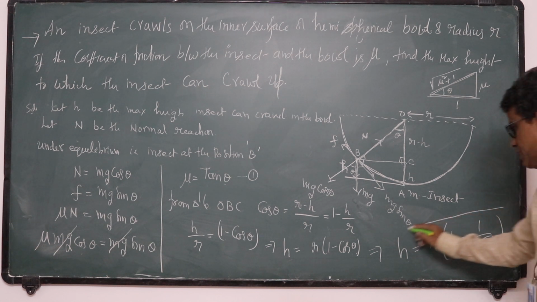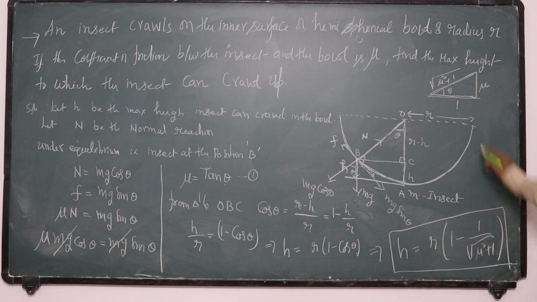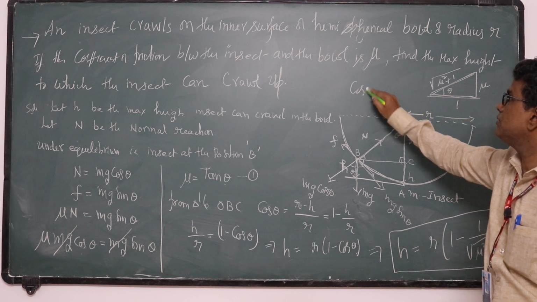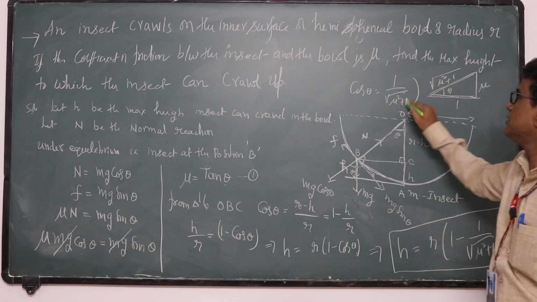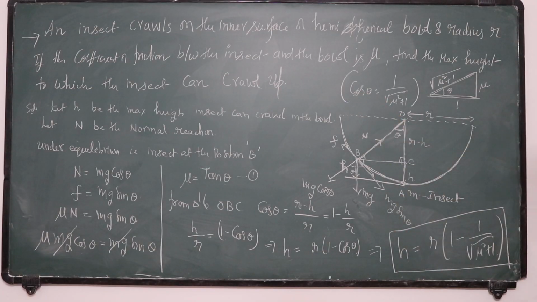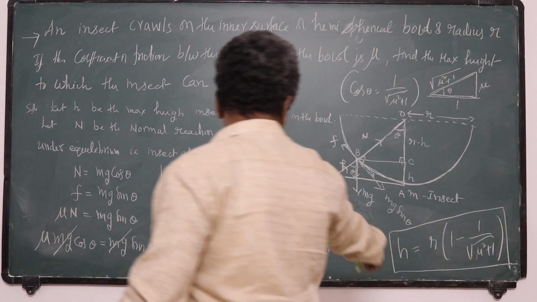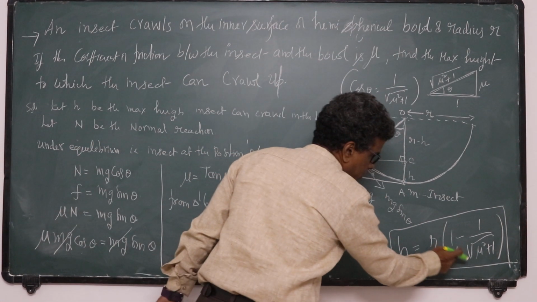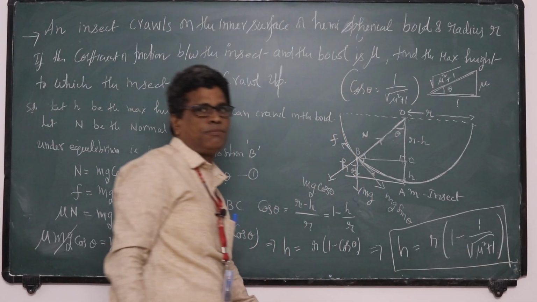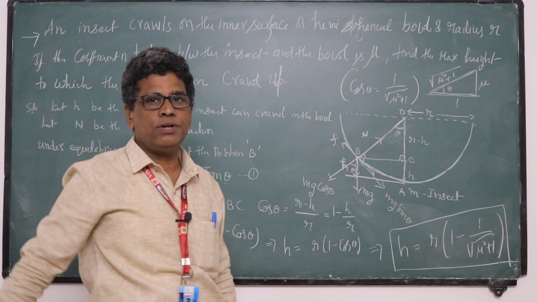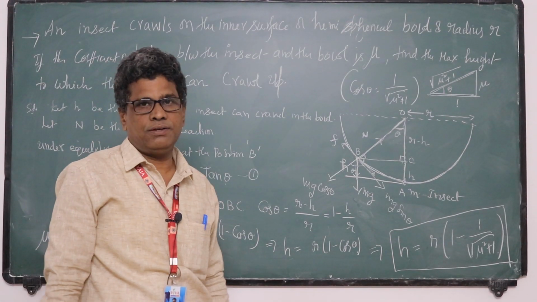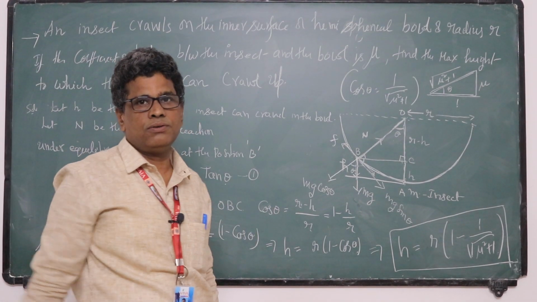So h is equal to r into 1 minus 1 by square root of mu square plus 1, where r is the radius of the hemispherical bowl and mu is the coefficient of friction between the insect and the bowl. You take this.